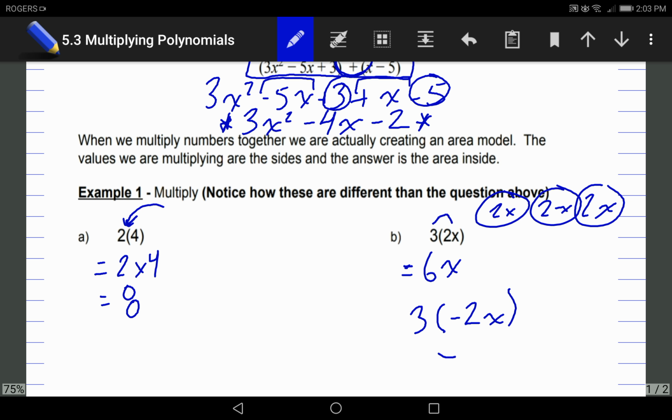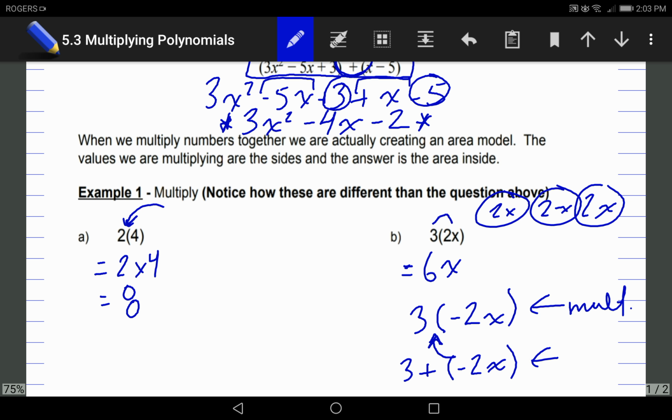Do you see a sign in between the brackets? Is there a plus or minus in between the brackets, or where the number ends off and the brackets begin? You do not see a sign. That is different than 3 plus negative 2x. These are different. This one means multiplication.